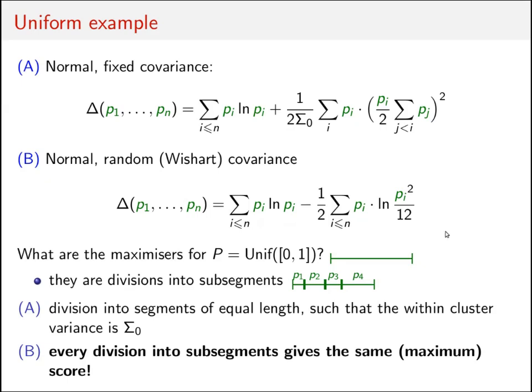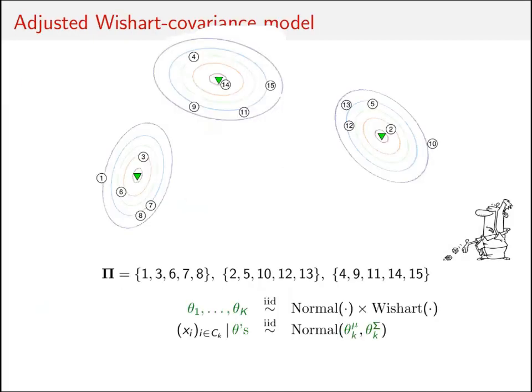We don't have proof of that, but we expect that because of that, if you feed your MAP machinery a random sample from the uniform, in this case, you won't have a stabilization. You will have a change in the number of clusters. And this is what prompted us to give some additional information to this Wishart.